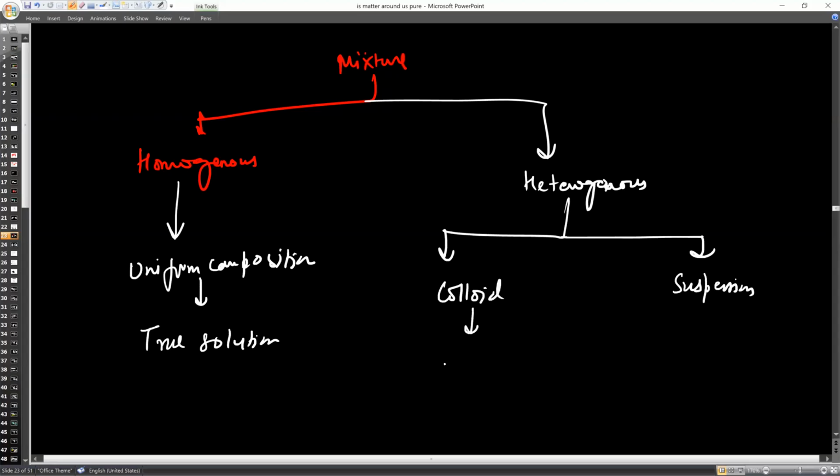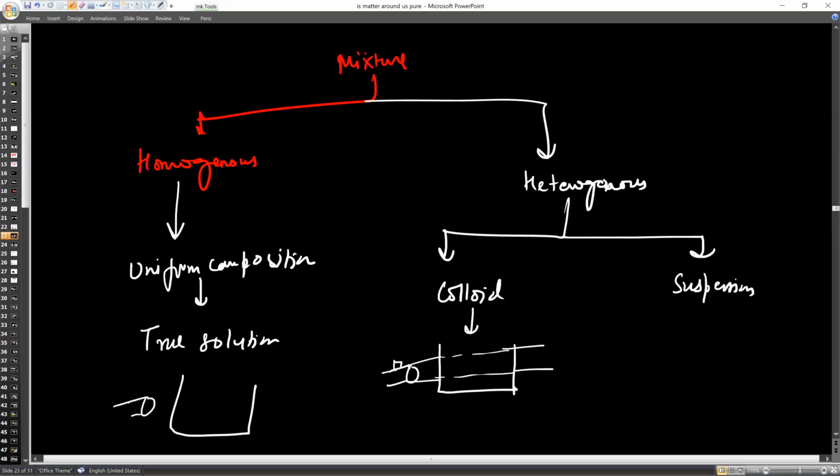For colloids, the most important thing is that if you pass a beam of light, it will scatter. The path of light will be visible to you. But in a true solution, if you pass the beam of light, it will not be visible.